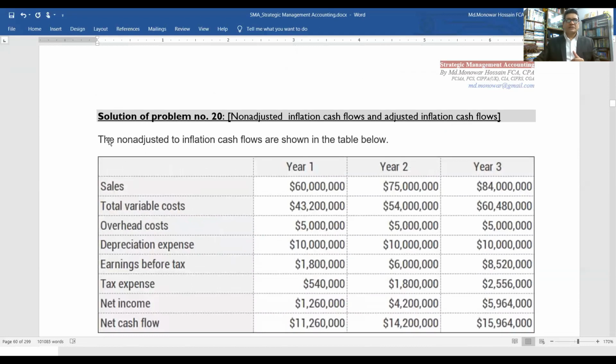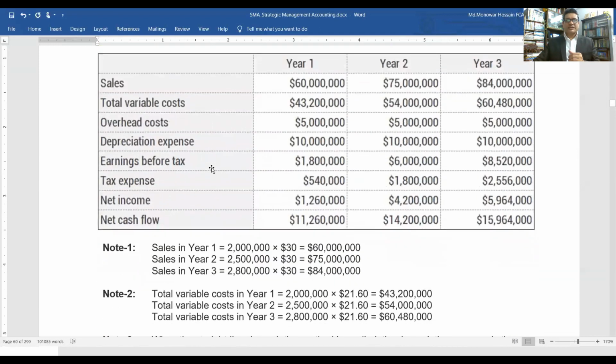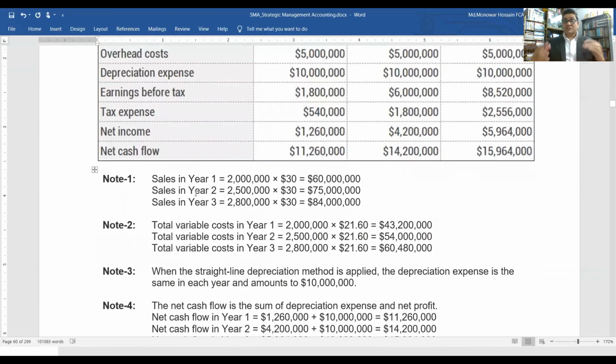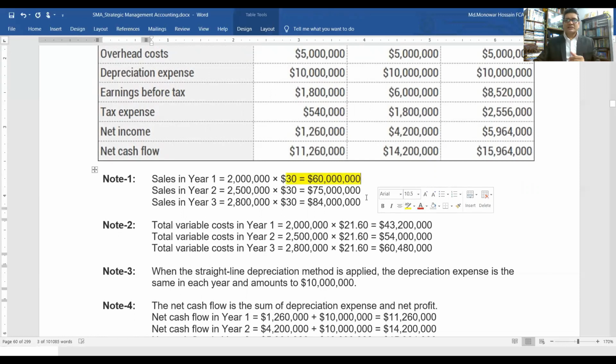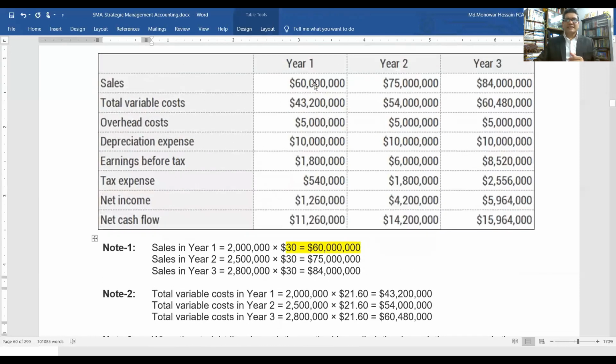The non-adjusted cash flow is shown in the table below. This is how it comes. Non-adjusted, look here, it is the calculation. Sales for the first year, 2 million. Selling price, $30. So 60 million is the revenue. Same way second year, 75 million.